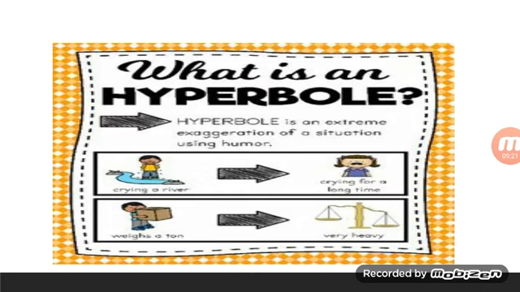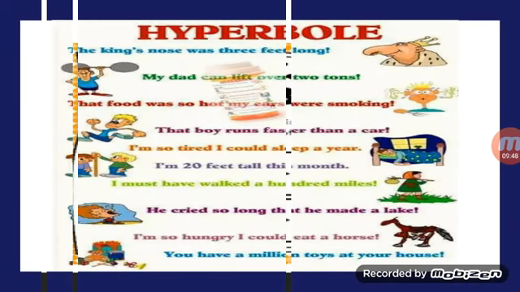Similarly, in the next one, weighs a ton, very heavy. If you say that the box is very heavy, then it does not look so attractive. But if you say the box weighs a ton, it can grab the reader's attention. So you should also try to speak or express your views in such a way as they are expressed here. So hyperbole is the same thing.